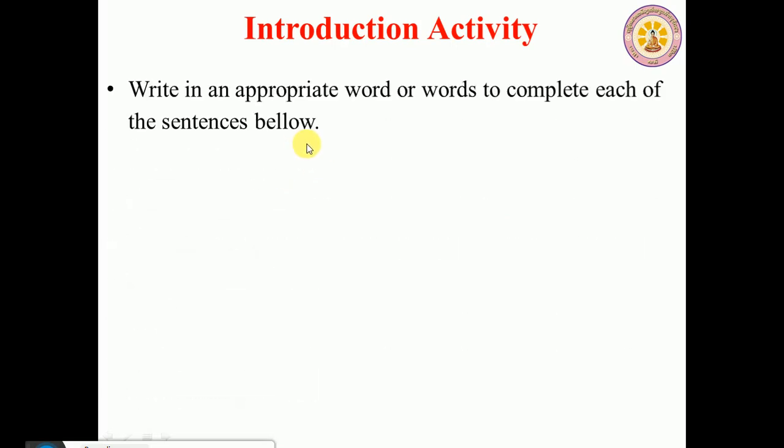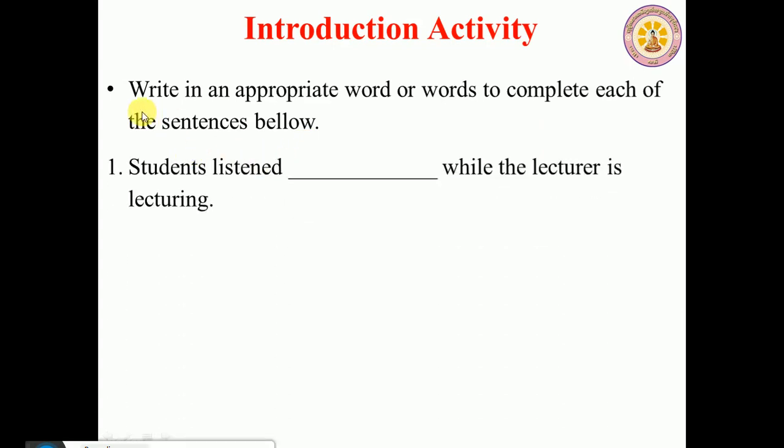Okay, before you study in detail about adjective and adverb, you have to study the sentences below here. Try to think of the appropriate word to complete each sentence. For example, students listen blah blah blah while the lecturer is lecturing.